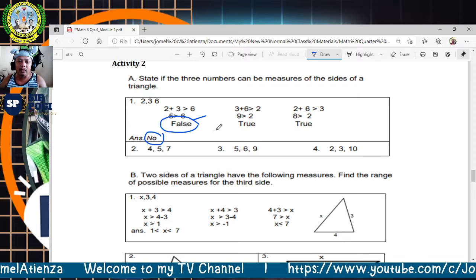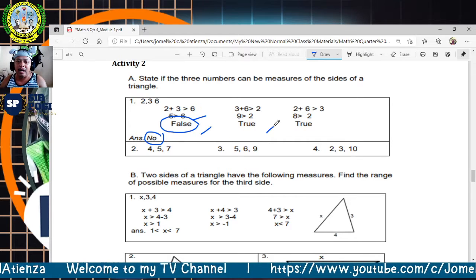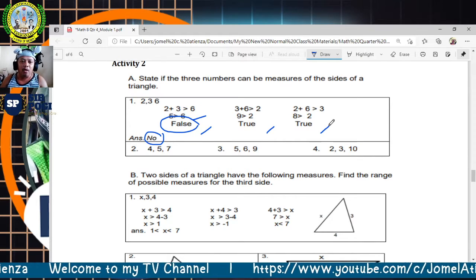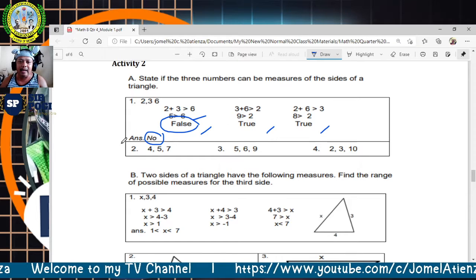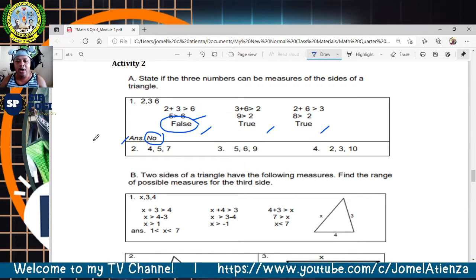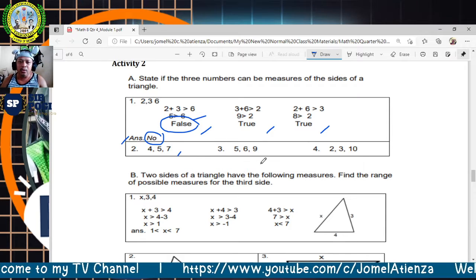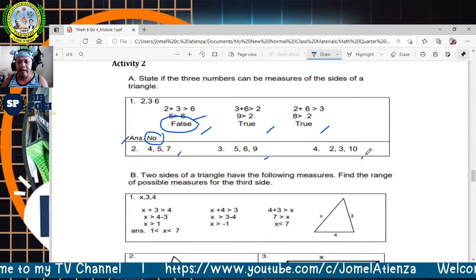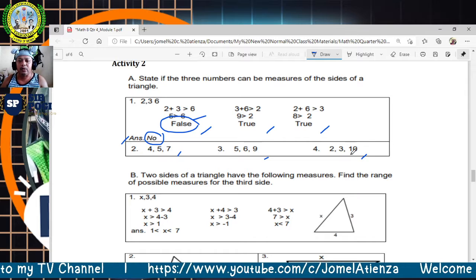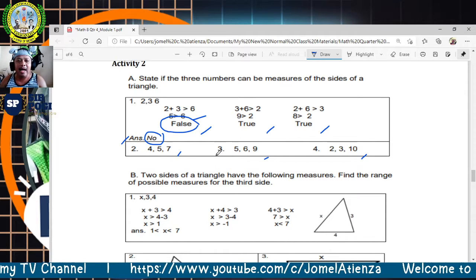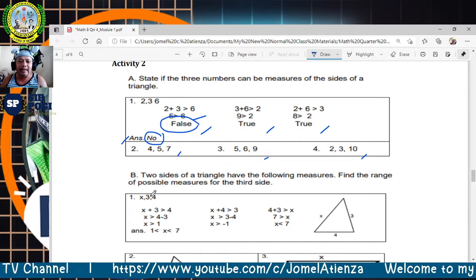So, i-illustrate nyo lang kung siya ba ay true or false. Then, the final answer, if it is yes or no. So, ito po yung ating number 2, number 3, and number 4. So, 3 points each. So, 9 points po uli ang ating activity number 2 for set A.